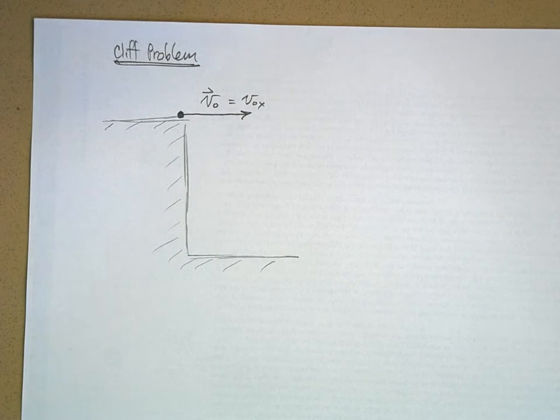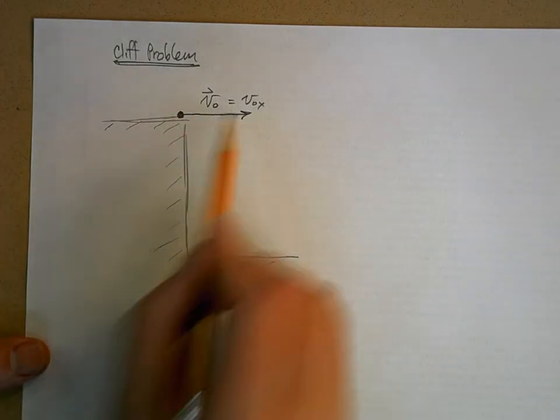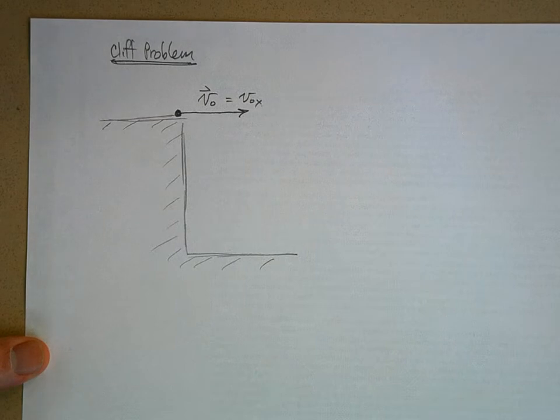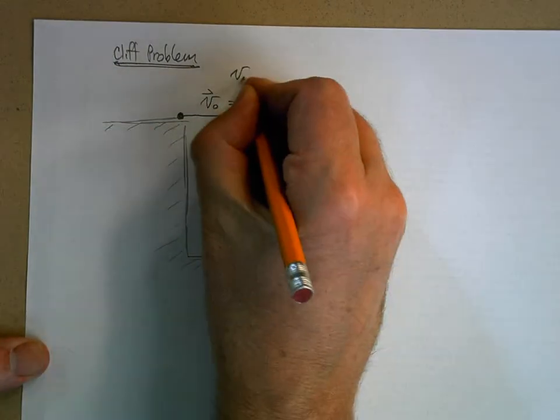Okay. So if I say you throw a rock off of a cliff, but you throw it horizontally with a velocity of 15 meters per second, well, then your total initial velocity is the velocity in the x direction. So if this is true, then what's the initial velocity in the y direction?